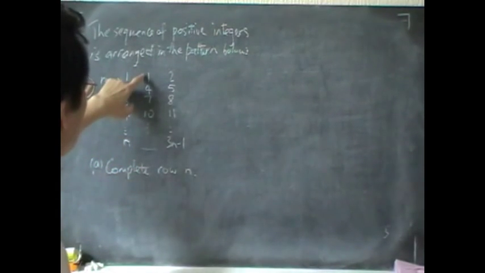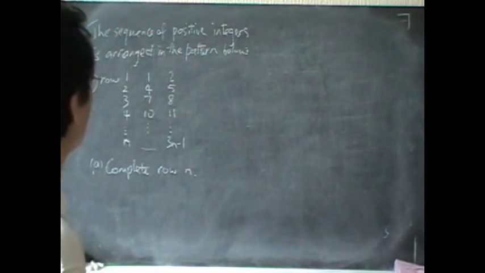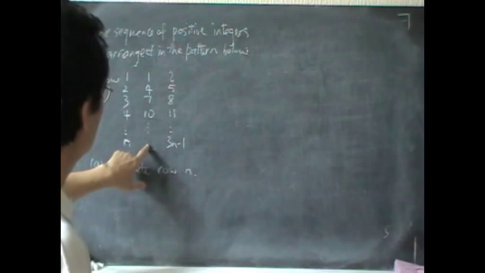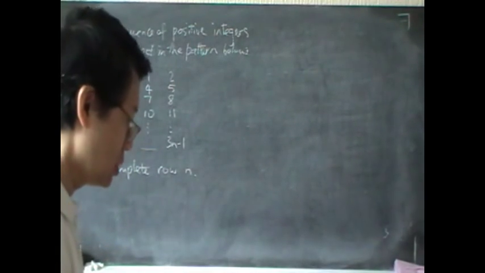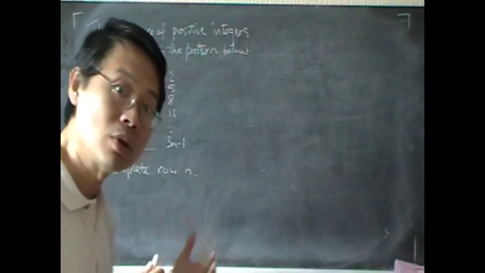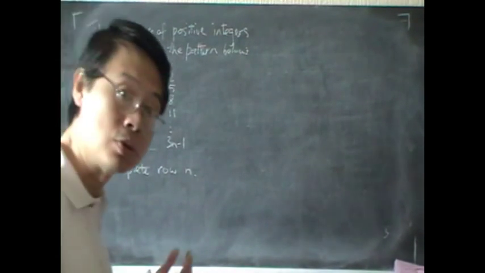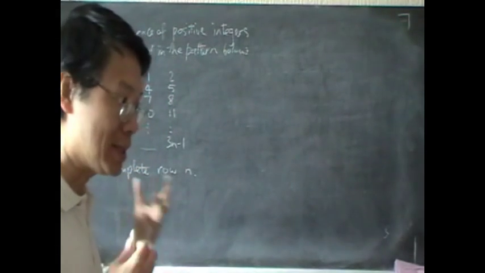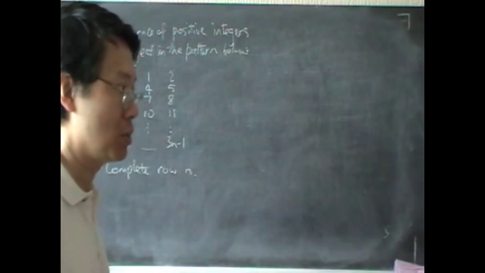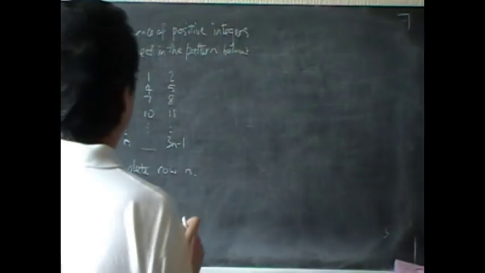Because each time we go down one row, we add a 3. And if you keep adding the 3, when you go down to the nth row, you would have added n times of 3. 3n. That's the reason why we should think about 3n.